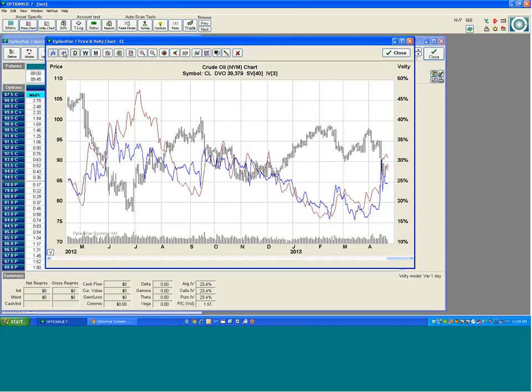The blue is the implied volatility readings for crude oil options. The brown line is statistical volatility readings for movement in the underlying crude oil futures market.